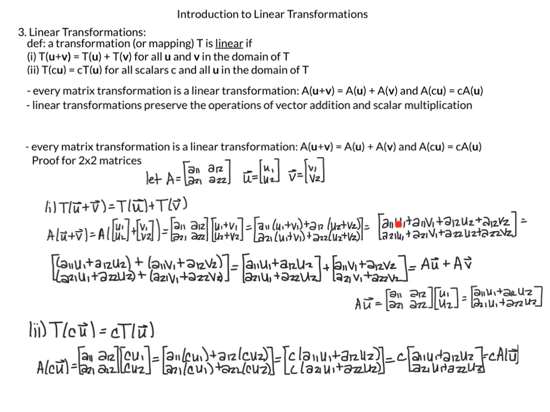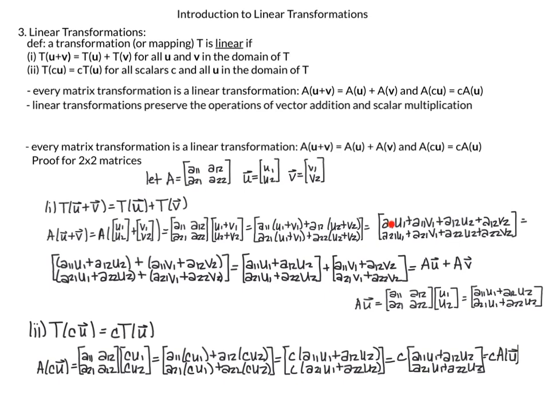So I have A11 U1 plus A11 V1. I'll multiply this out. I have A12 U2 plus A12 V2. Similarly, for the bottom, I'll get A21 U1 plus A21 V1 and A22 U2 plus A22 V2. And now again, these are still all real numbers. So I'm going to group my U terms together, and I'm going to group my V terms together.